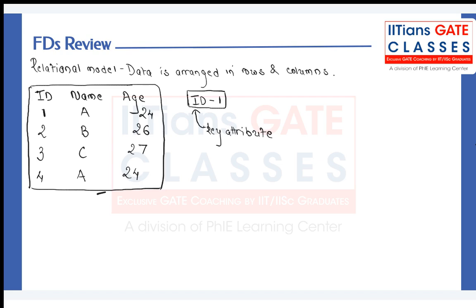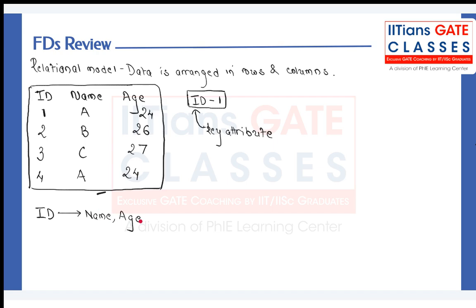Now let me change the question a little bit. If I give you a value of ID, what are the columns that I will get from the database? I will get the name and I will get the age.